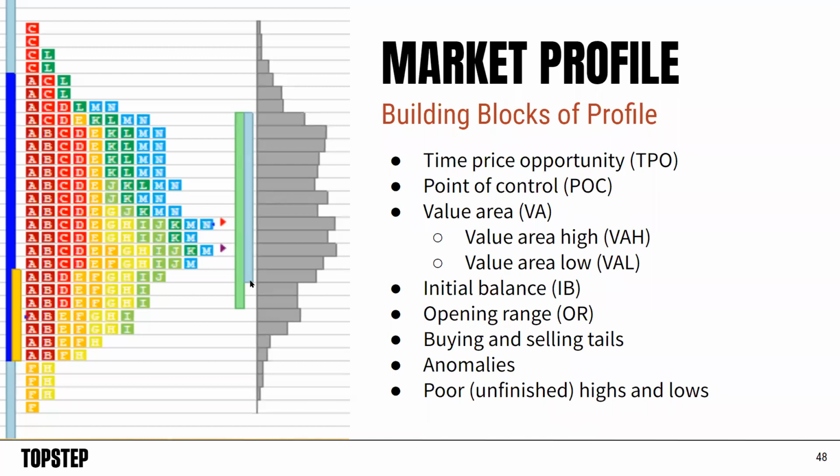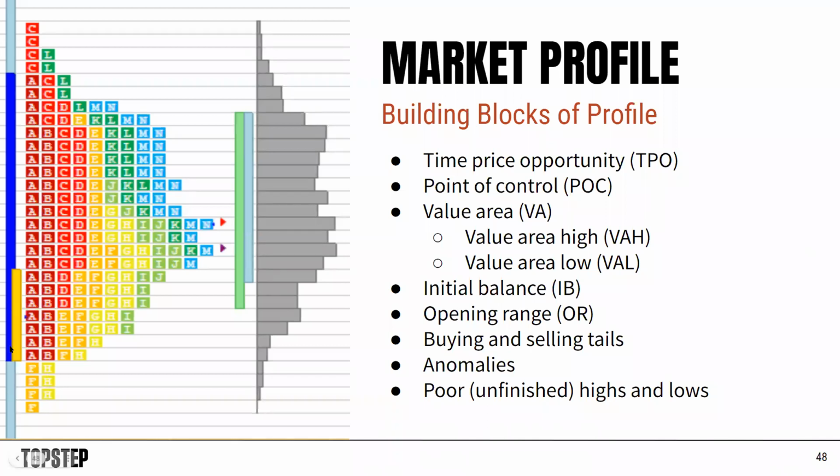The volume value area is here in blue. 70% of the volume in this session has occurred inside this value area as it relates to the point of control. The initial balance is the first hour of trade. On this platform, it's represented by this dark blue line.